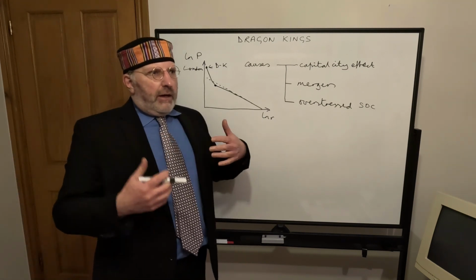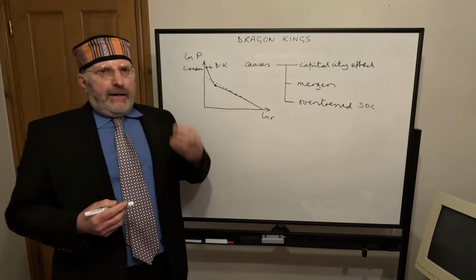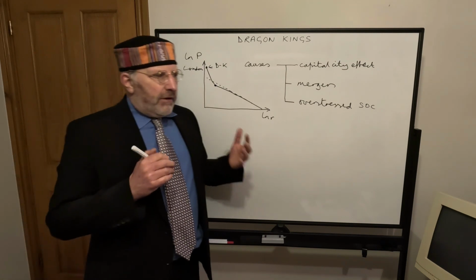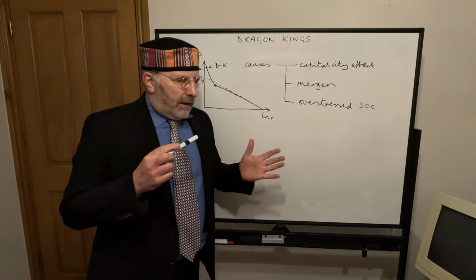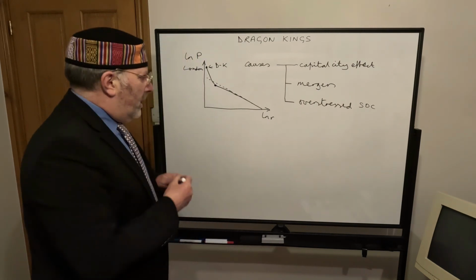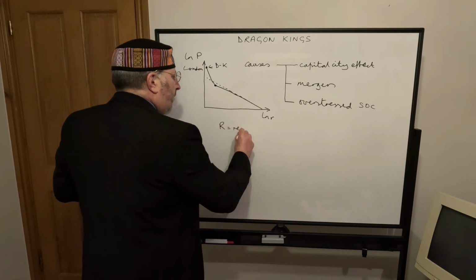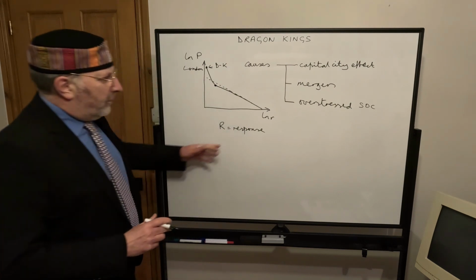So their model is based on this idea that people can influence each other's behaviour, and they have three parameters that describe that. R is people's tendency to respond to others.